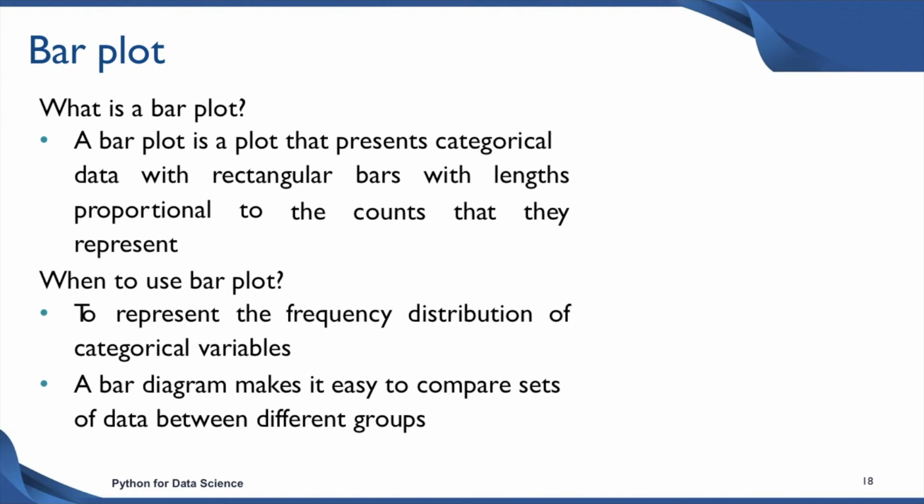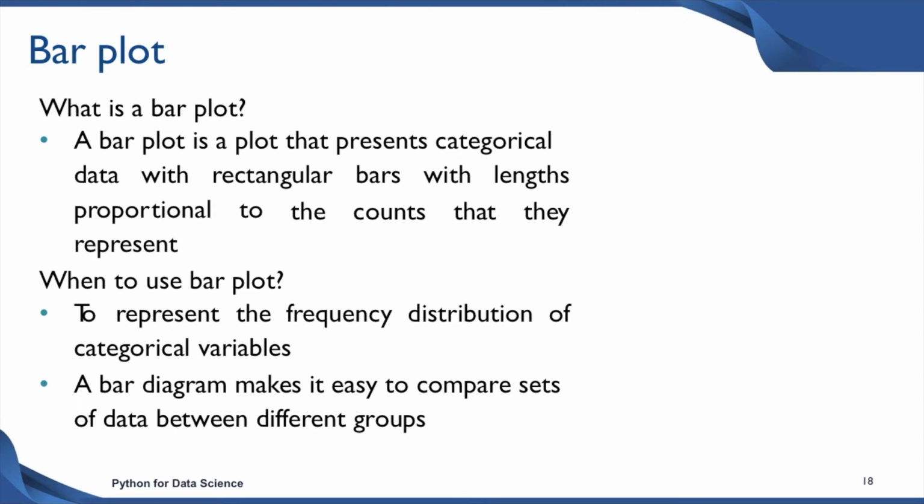A histogram and a bar plot are basically the same, but a histogram is used to represent numerical data with the frequency distribution, and a bar plot is used to represent categorical data, giving the frequency counts of each category.